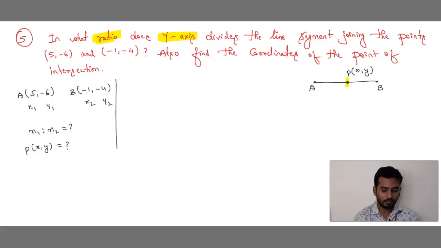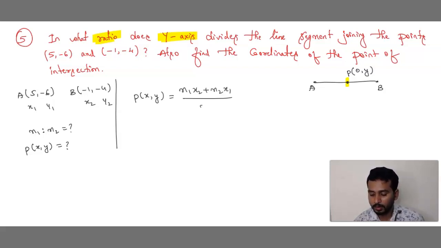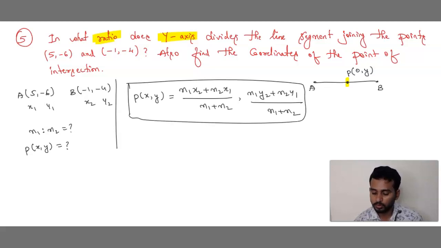Okay. First case, section formula, just write the section formula. P of x, y is equal to m1 x2 plus m2 x1 by m1 plus m2, comma, m1 y2 plus m2 y1 by m1 plus m2. So this is the section formula. Correct?